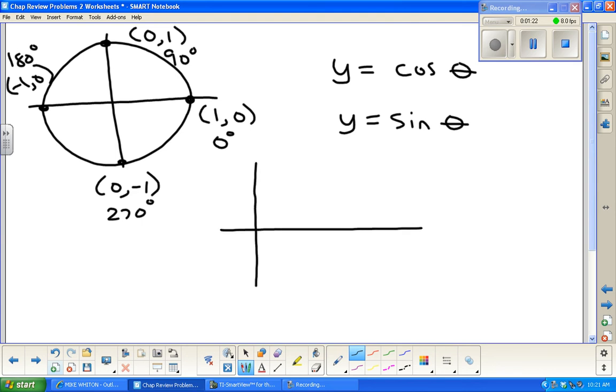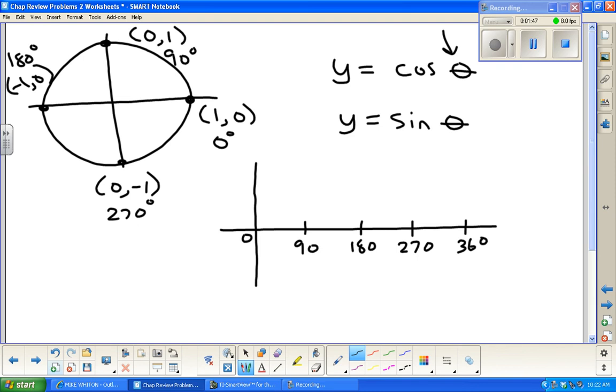If we wanted to graph these, let's do cosine theta first. The trick is the x values, or the theta values, the thing you're plugging in, those are the angle measures. And so we usually just use the ones that we wrote on our circle. So we use 90 degrees, 180, 270, and then once we do the full circle, we're back to 360, and of course we start at 0.